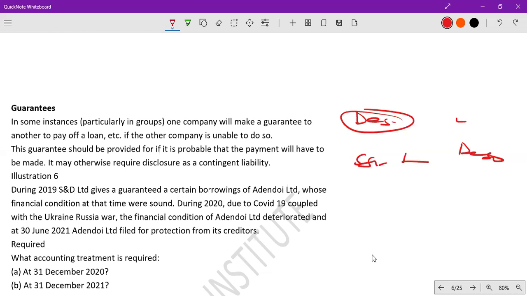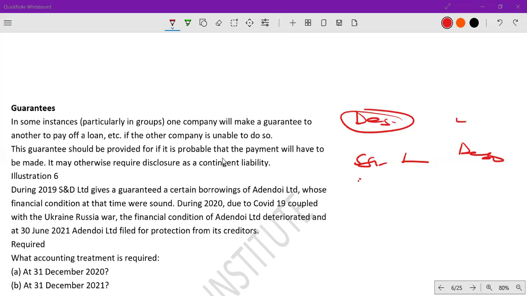So in this year, there is no present obligation on S&D, because the financial stability of Desmond is very sound. The only thing S&D needs to do is disclose it in the notes, to let the shareholders know that yes, we have guaranteed so and so amount for Desmond. At this time, there is no obligation to pay anything because Desmond is in good health.